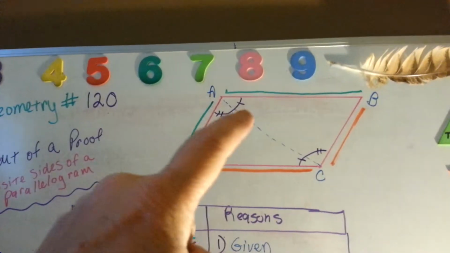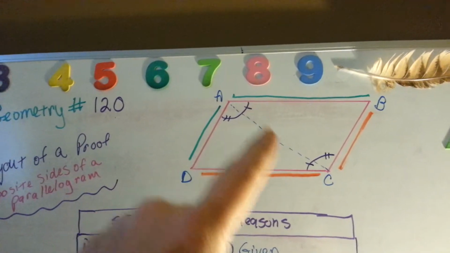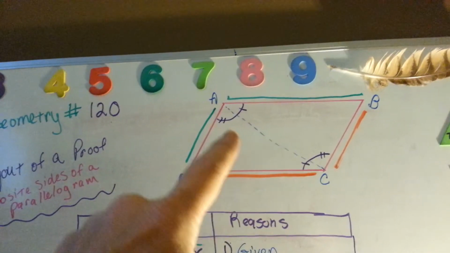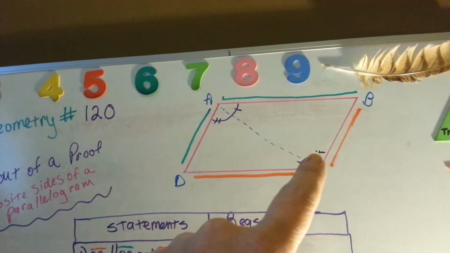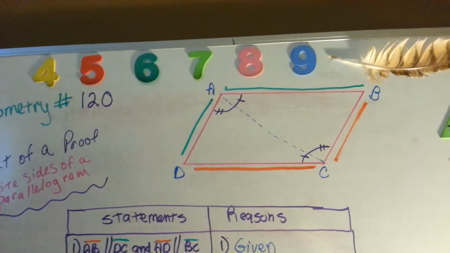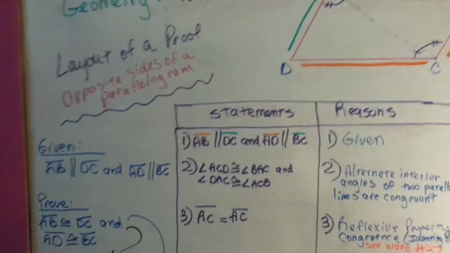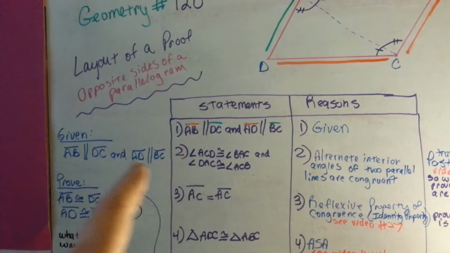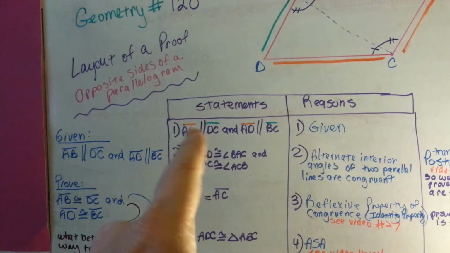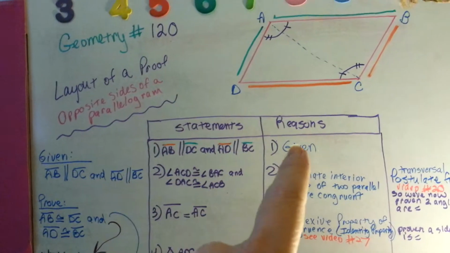Now you can see that that angle by A is congruent to this angle by C, and this angle by A is congruent to that angle by C. So here is our first statement. It's our given that these are parallel and these are parallel. That's given.